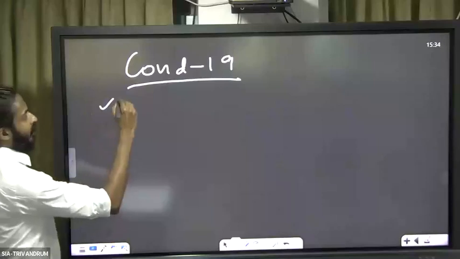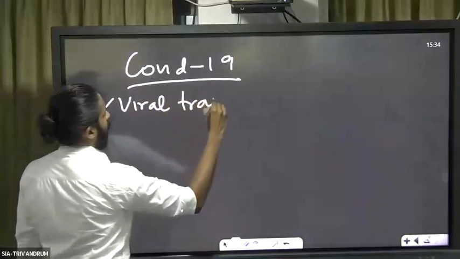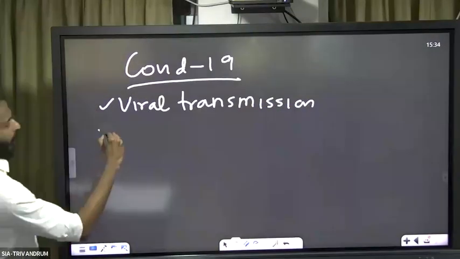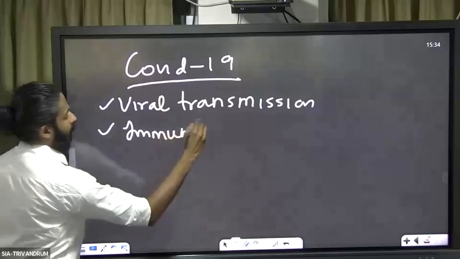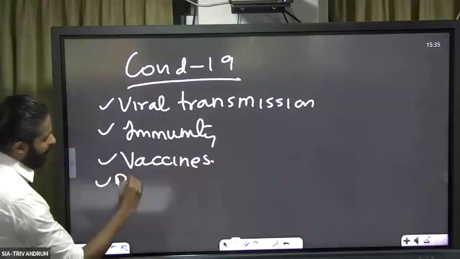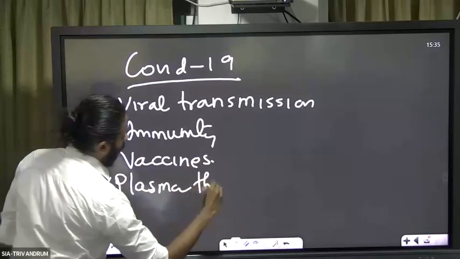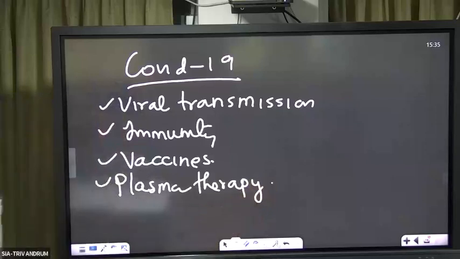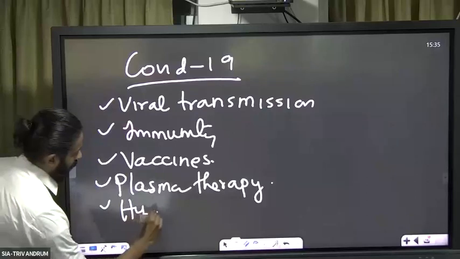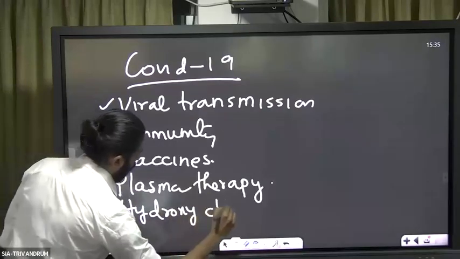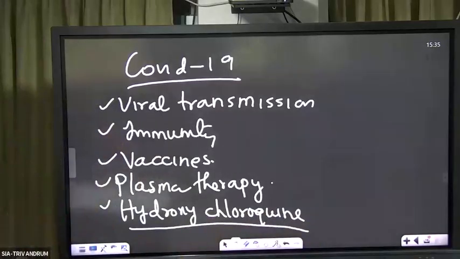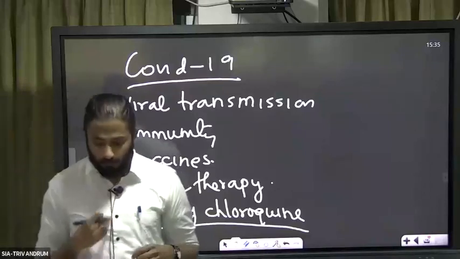So how it is getting transmitted, how the virus transmits, the method of viral transmission, the immunity, how we developed immunity, vaccines, plasma therapy, and the medicines even we used to prevent as preventive, like hydroxychloroquine, all these things. So be very thorough with COVID-19 and aspects of COVID-19.